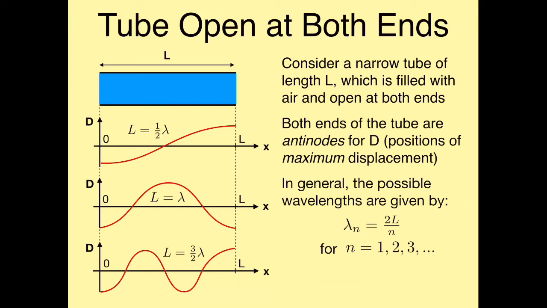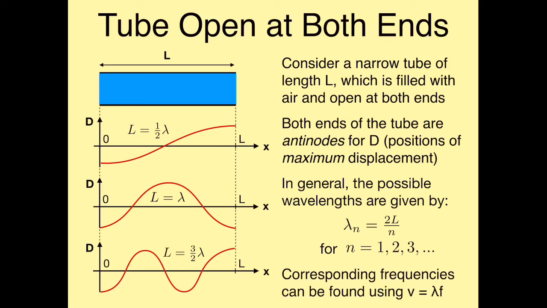The second case here is n is equal to 2, where lambda is equal to 2L divided by 2. So lambda is just equal to L in that case. And the third one we sketched out is n is equal to 3. So lambda is equal to 2L divided by 3. But again, you can keep going with this, and in general, the possible wavelengths are given by 2L divided by n.